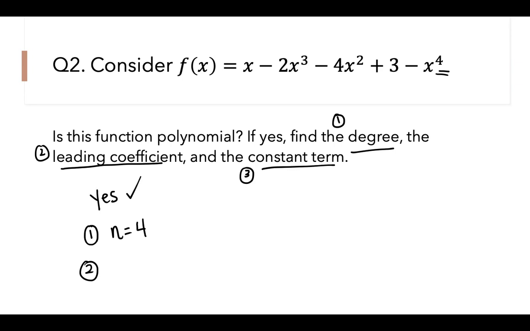In this case, the leading term is negative x^4, so the leading coefficient must be negative 1. And the constant term is a number not attached to any variable. In this case, it's 3. So the constant term is 3.